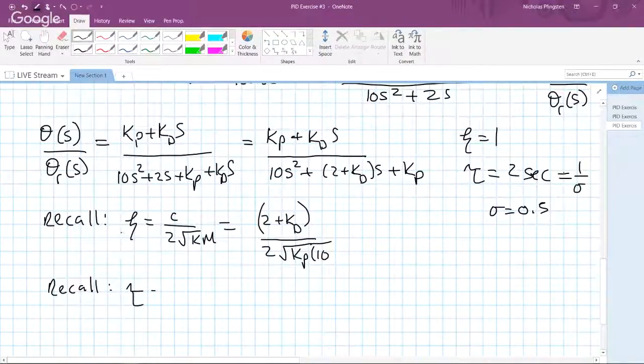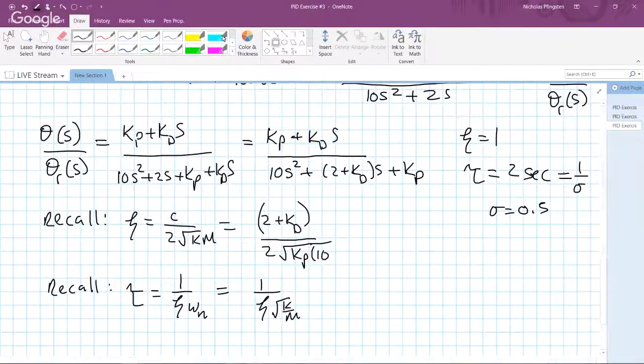tau is equal to 1 all over zeta omega n, which in that case, 1 all over zeta square root k over m. So knowing that, we're now going to plug in the 1 for zeta, and we're going to plug in what we know for k and m.